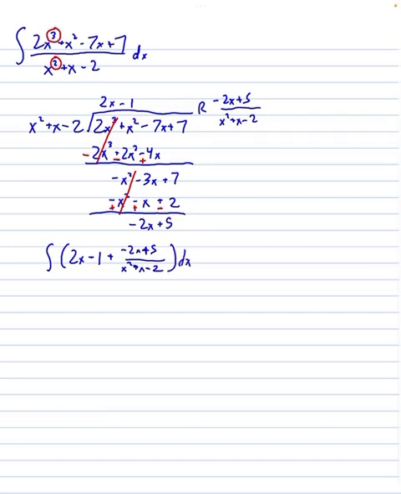Now, this 2x minus 1 is going to integrate fairly easily. That's 2x squared over 2 minus x, which is x squared minus x.